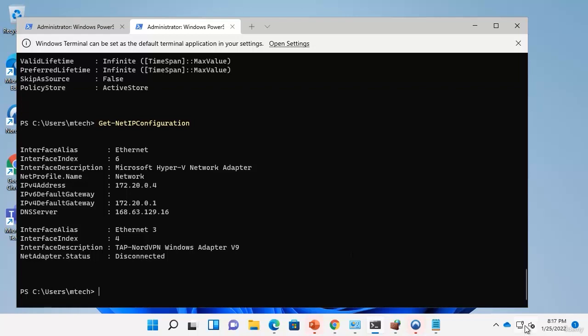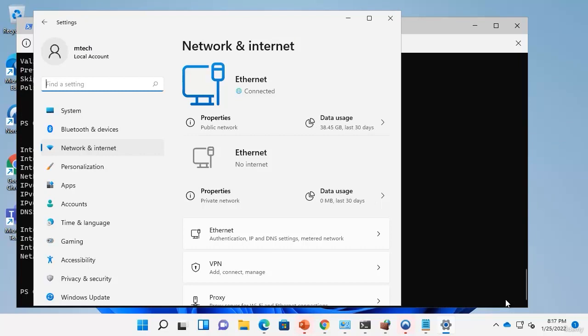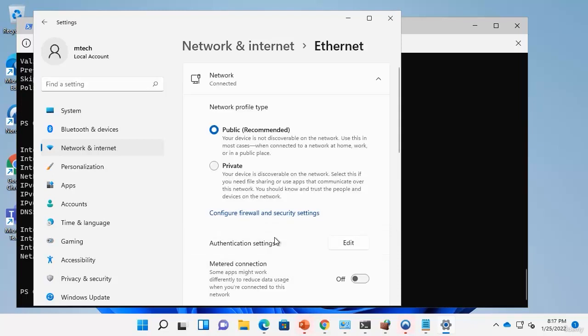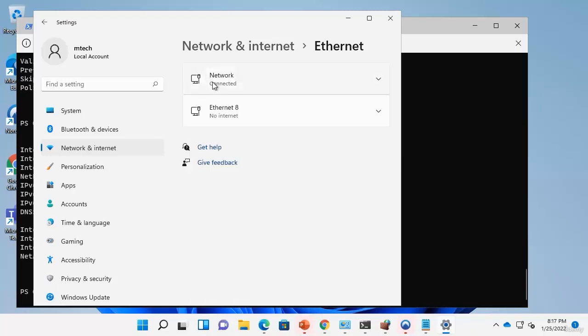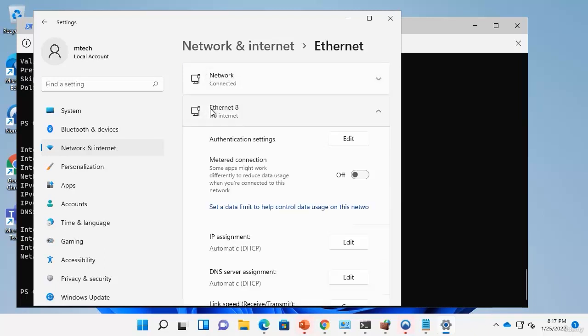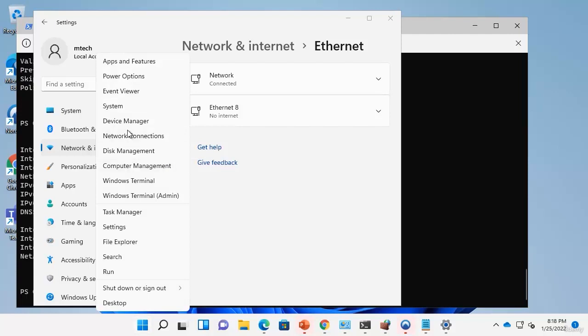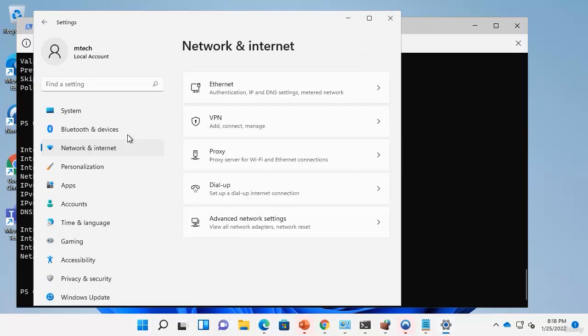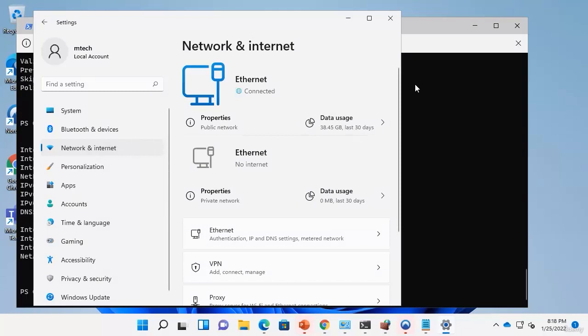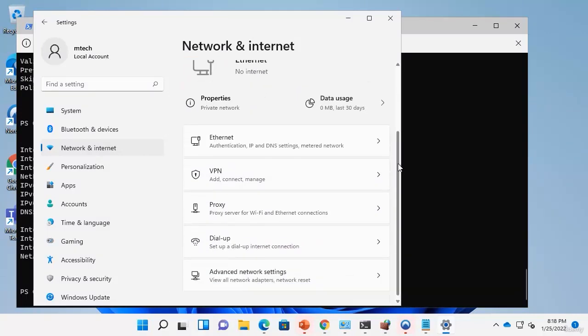Now, the other way of checking that would be to go into PC settings, into your network and internet, and just go into the properties of this. Of course, they've changed all of this in Windows 11. It looks a little different. We're basically just trying to get into the network connections, which just took me into that.